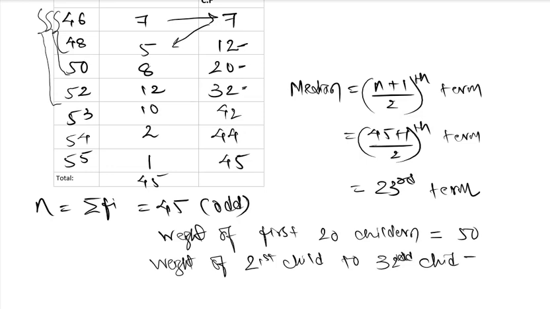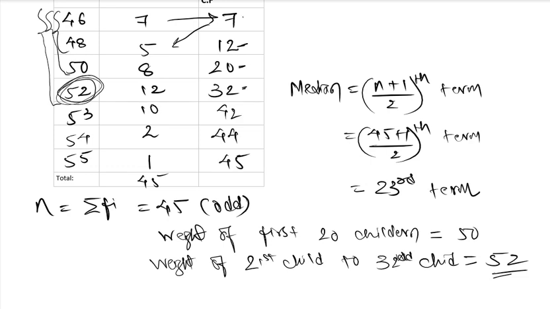After 20 there is directly 32. So the weight of the 21st child to the 32nd child is 52. All children from the 21st to the 32nd have the same weight, 52.